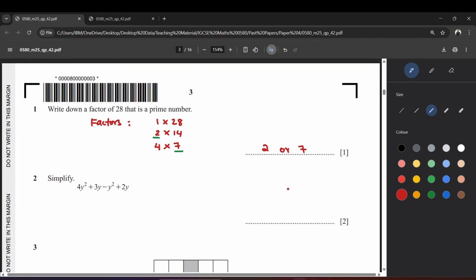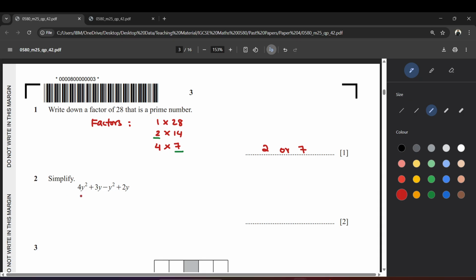Question number 2, simplify 4y squared plus 3y minus y squared plus 2y. Now, here we have a combination of terms, right? We have a term in y squared and we also have a term in y. The first step to do here is to collect the like terms. So we can write 4y squared and next to it we can write minus y squared.